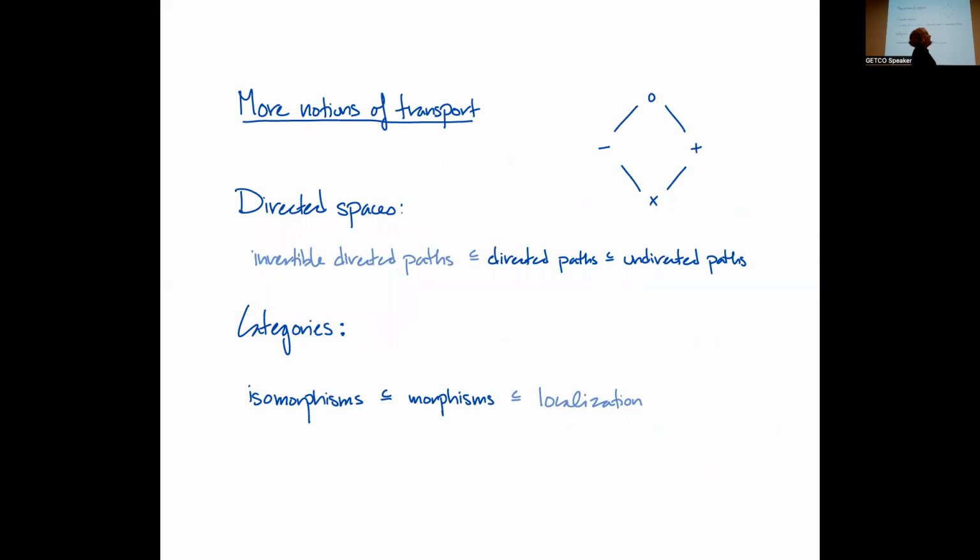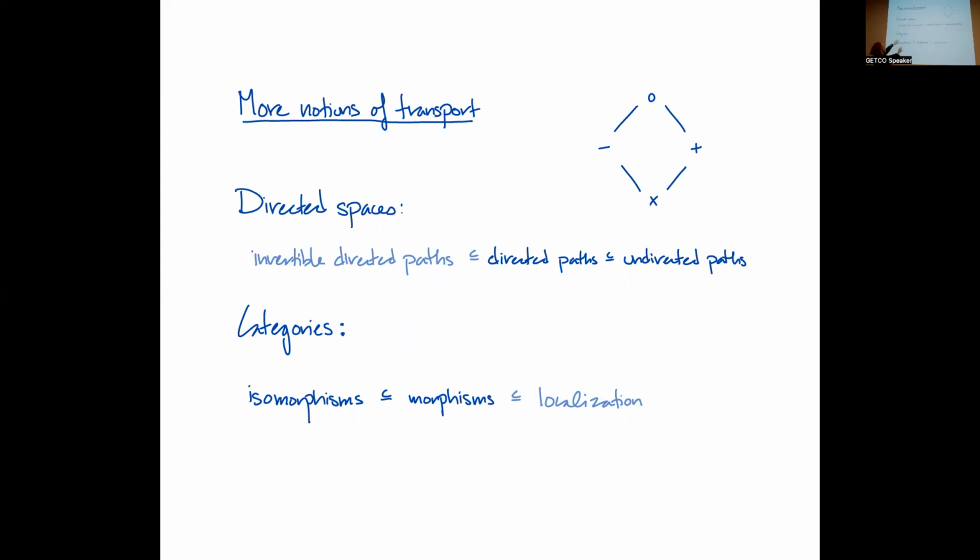Okay, so we now have these four notions of transport. We have this really minimal one, contravariant, covariant, and maybe isovariant or equivariant at the top. And in both the settings of directed spaces and categories, I've written three things there. They generate these four things, these three levels. So in directed spaces, we're really interested in these two things, directed paths and undirected paths.